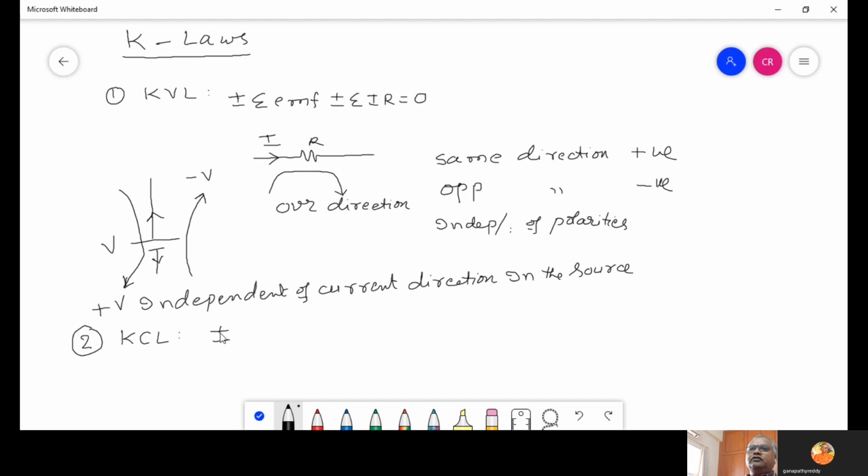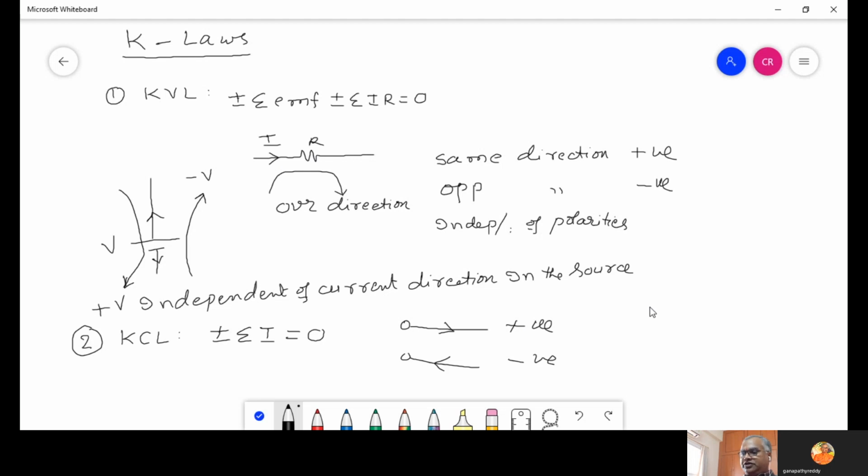Mathematically, plus or minus sigma I equal to 0. What is the sign convention here? If you take a node, current leaving, take it as positive. Current entering the node, take it as negative. This is the sign convention.